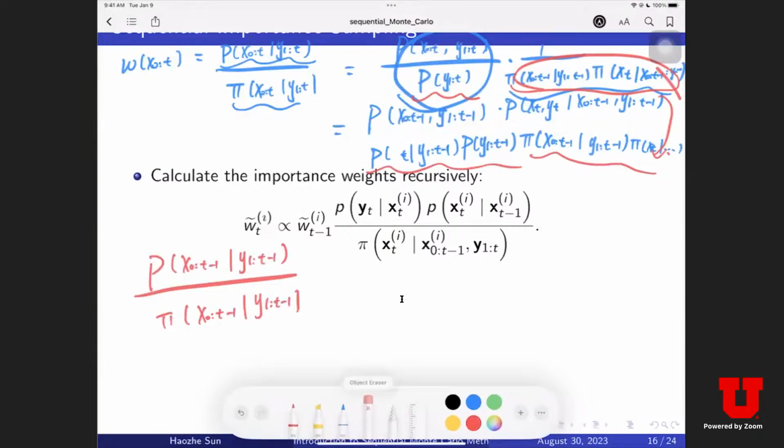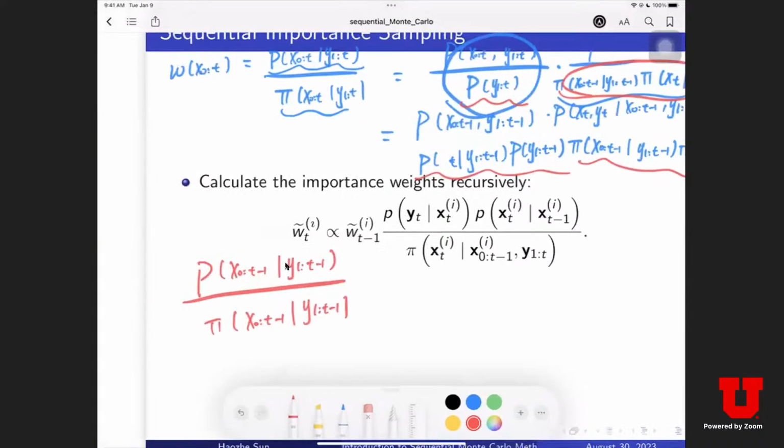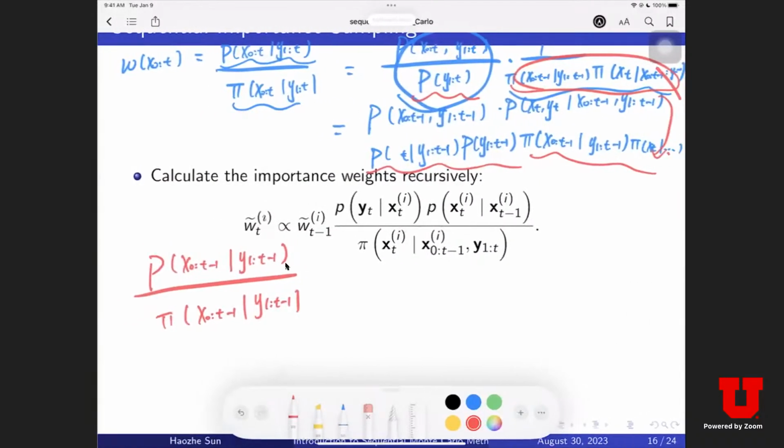Oh, sorry, no. Oh, yes, we will use this part and this part to get this part, and this part and this part. So we will have this part.